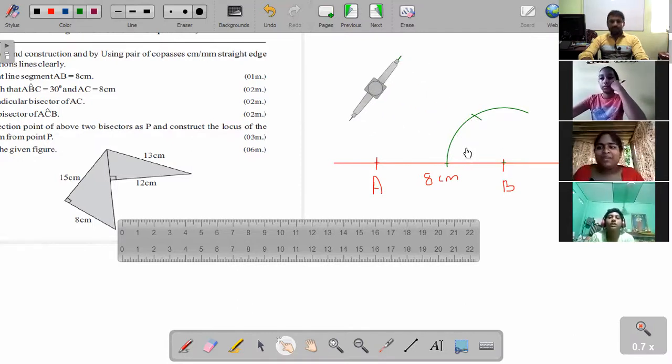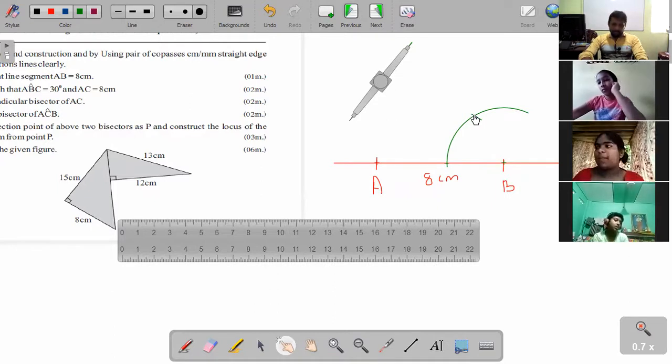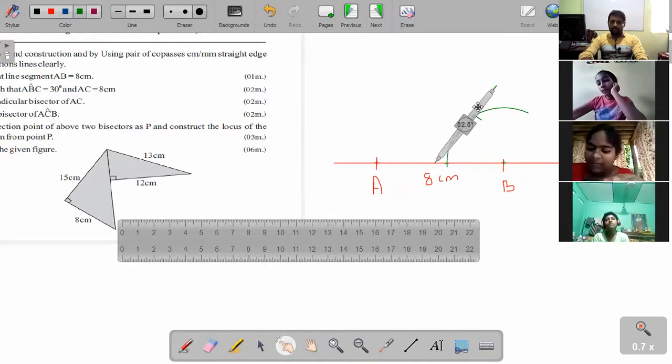This angle is 60 degrees, but we want to construct 30, no? We have to bisect this one, right? How do you bisect this? You keep the metal point here and here, at any distance you can take for the compass, and draw an arc.